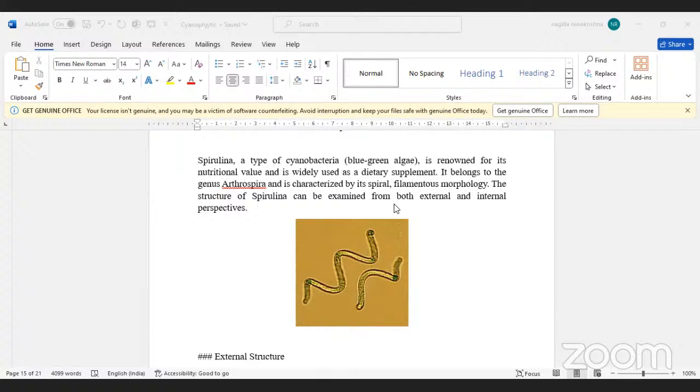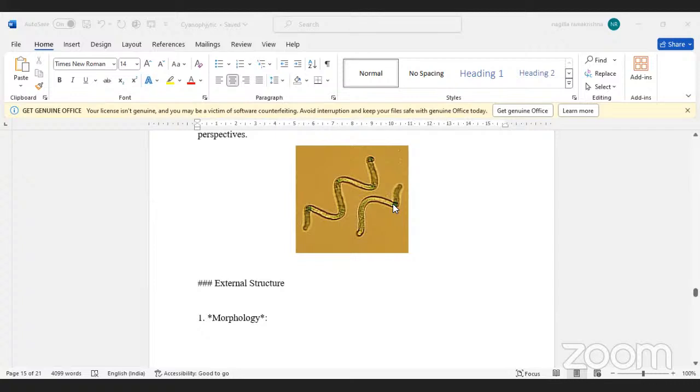Yes, the type of cyanobacteria, which we also call blue green algae. Spirulina looks very similar to Oscillatoria, and it also has filamentous structures.